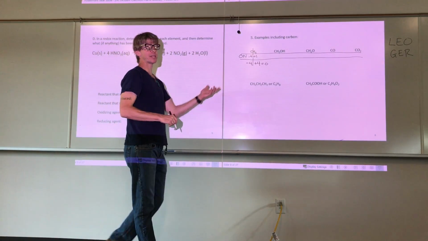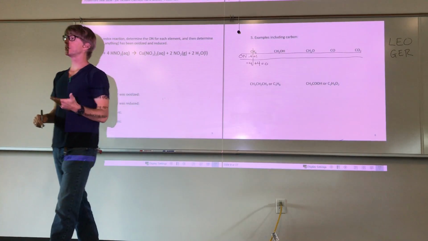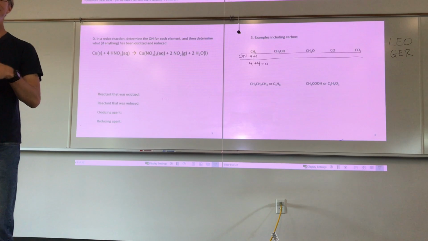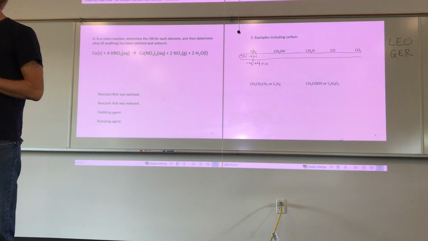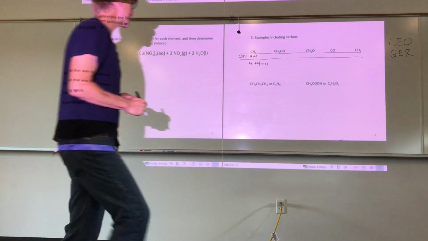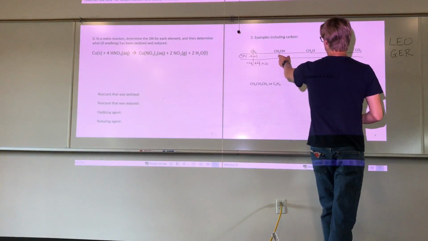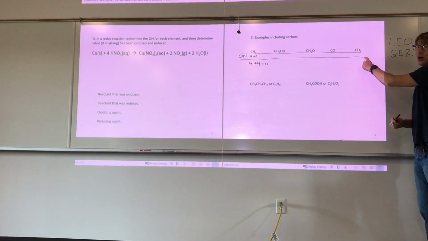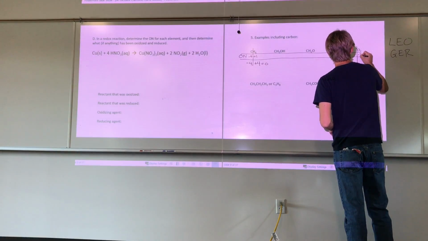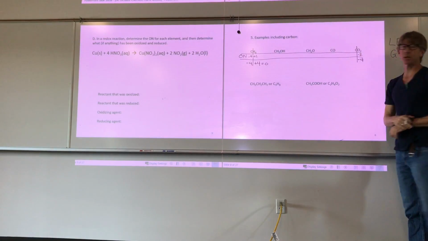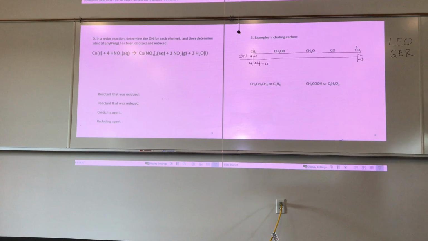And one of the things that becomes much more apparent when you get to organic chemistry is that the oxidation states of carbon are really important. Carbon goes from -4 in that example, depending upon the number of hydrogens and oxygens, all the way over to carbon dioxide. For carbon dioxide, we said in compounds, oxygen is -2.